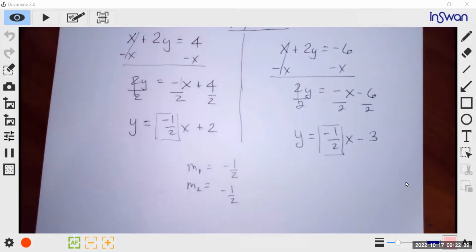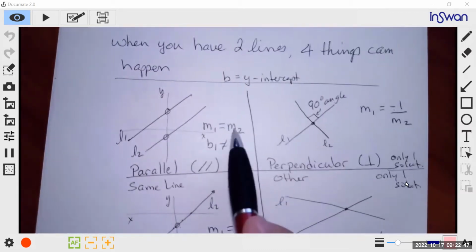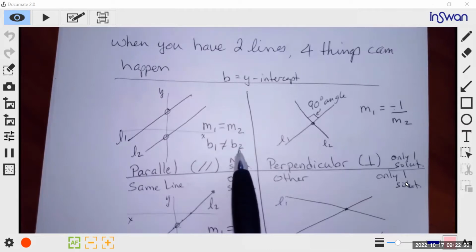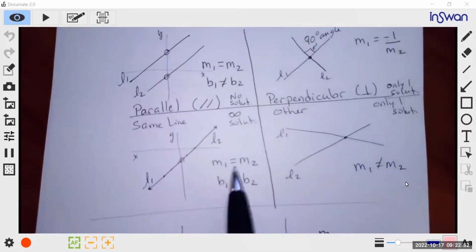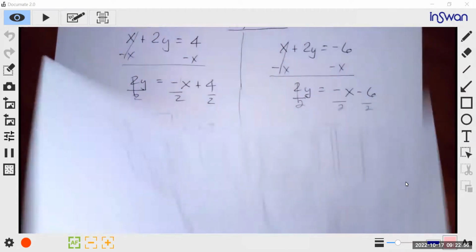If they're parallel, what has to be true? If they're parallel, the slopes are the same, but the y-intercepts have to be different. If they're the same line, the slopes are the same and the y-intercepts are the same. So we have to compare the y-intercepts now.